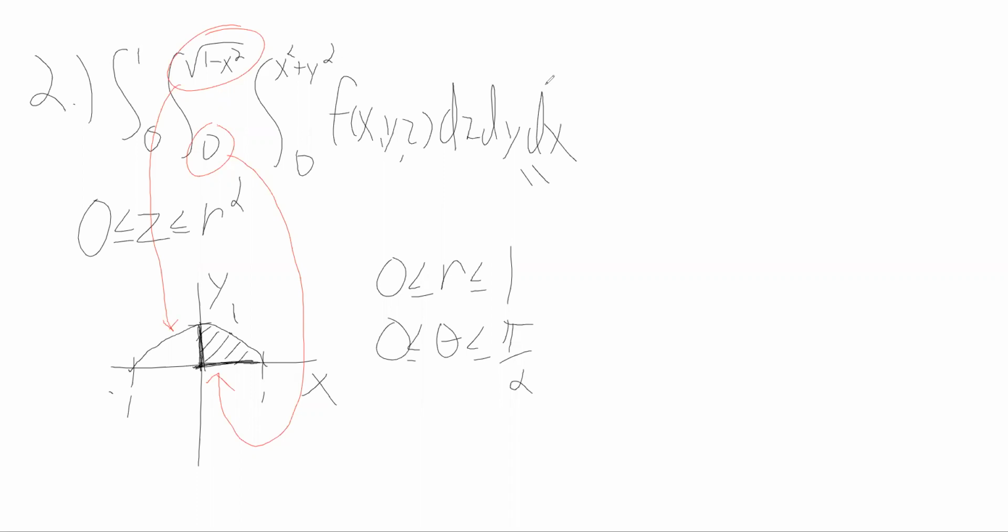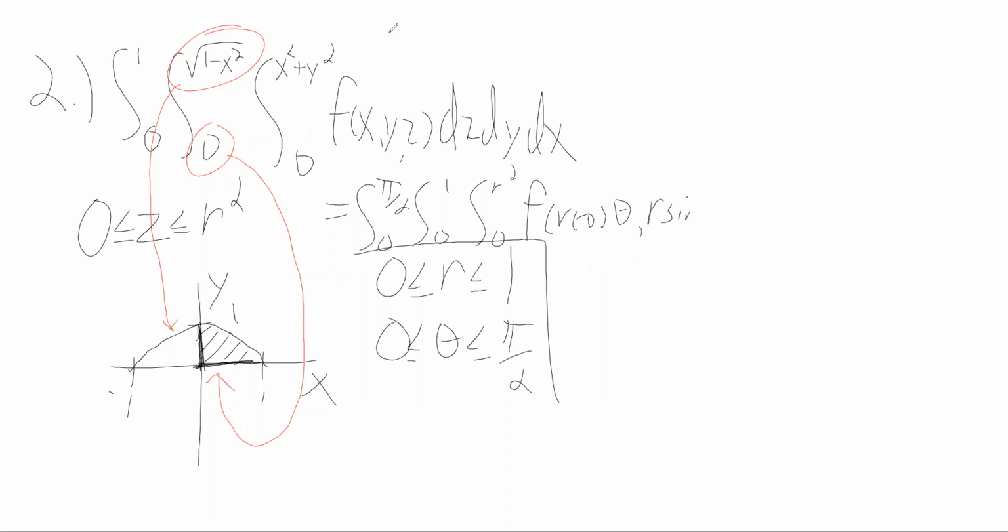And so we're going to plug our bounds in here. So theta goes from 0 to pi over 2. R goes from 0 to 1. Z goes from 0 to r squared. F of x, y, z, replace x with r cos theta, y with r sine theta, and z with z. And dv becomes r dz dr d theta.